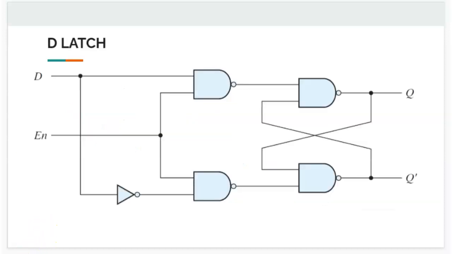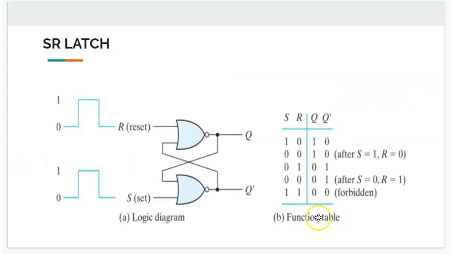If you look at the circuit closely, you'll notice that this is actually an S dash R dash latch. Let's say enable is 1, then the inputs to this are D and D dash. So why are we inputting D and D dash? Because we do not want to enter this forbidden state. We always wish to make S and R complementary.